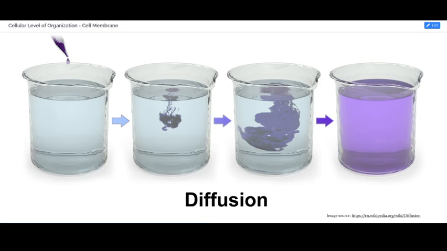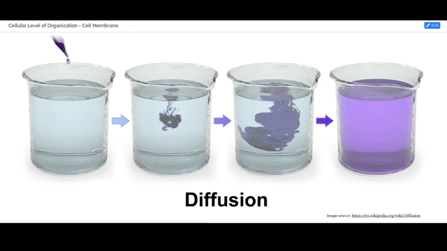When there's more outside than inside the cell, the substance will diffuse across the cell membrane. It might take a little time to get across the cell membrane because of the nature of how it's getting through, but it will continue to move across given the chance until it reaches equilibrium.